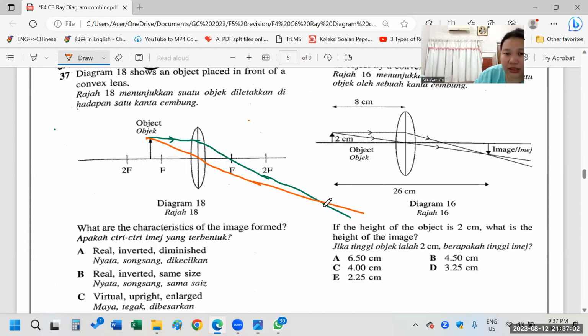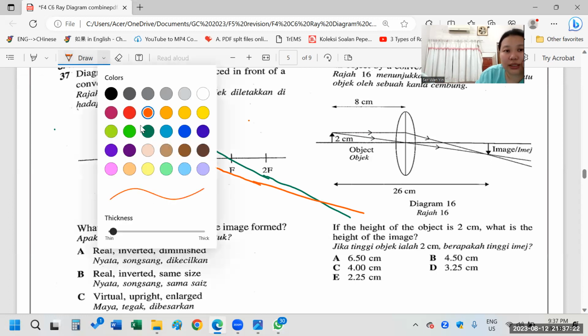Then you will find out very far away. Yeah, continue until they intersect. Very far. Then you will find out.